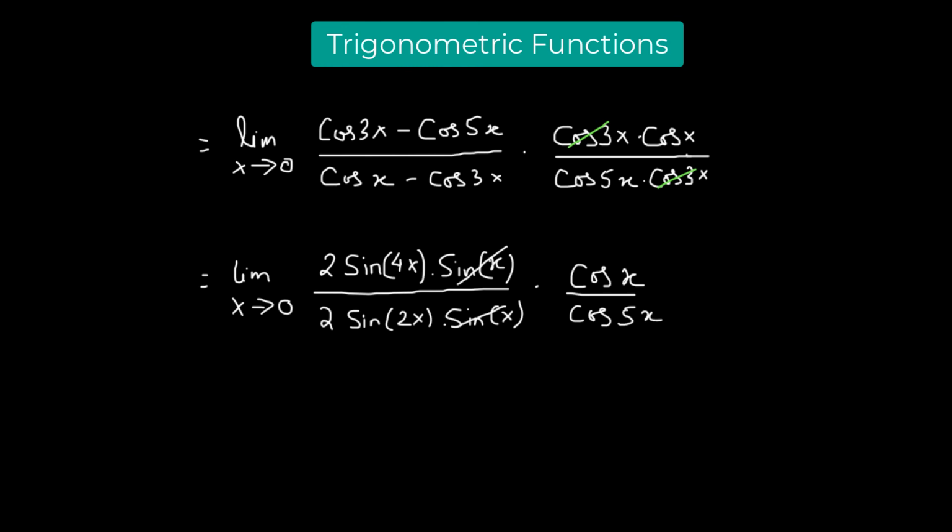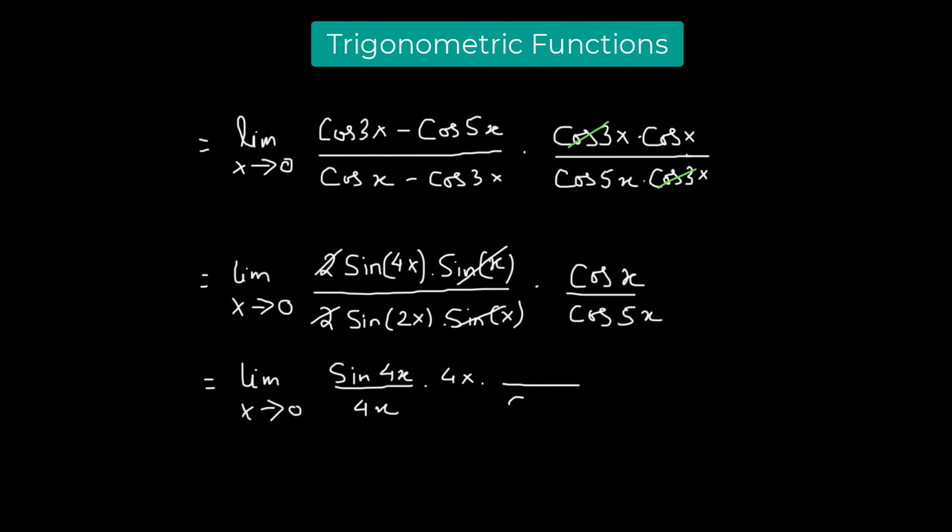So the sine x gets cancelled from both the numerator and the denominator, and so does 2. So now we have limit x tending to 0. So we have sine 4x here, so we're going to divide and multiply by 4x.